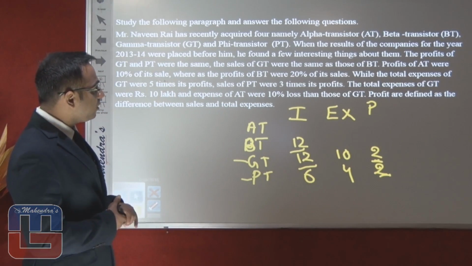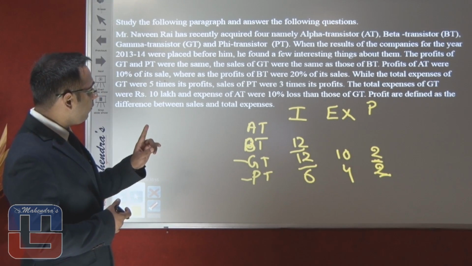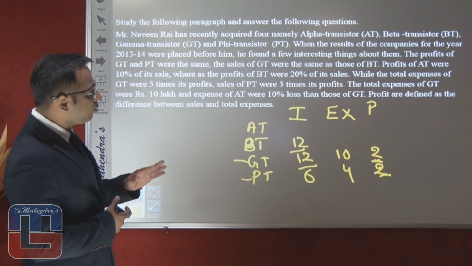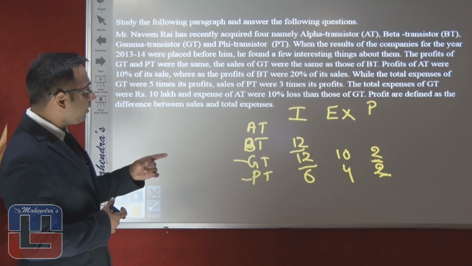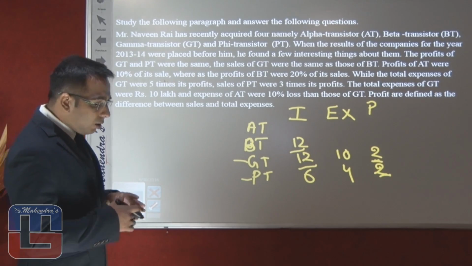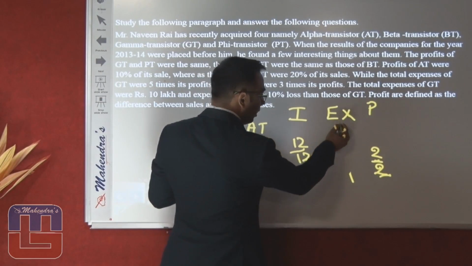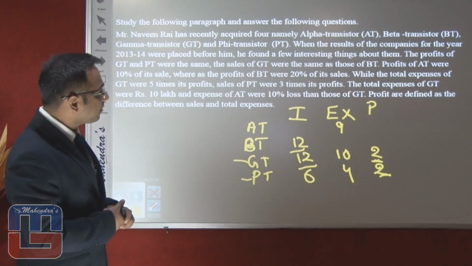The expense of AT was 10% less than that of GT. So 10% less than 10 means 9.